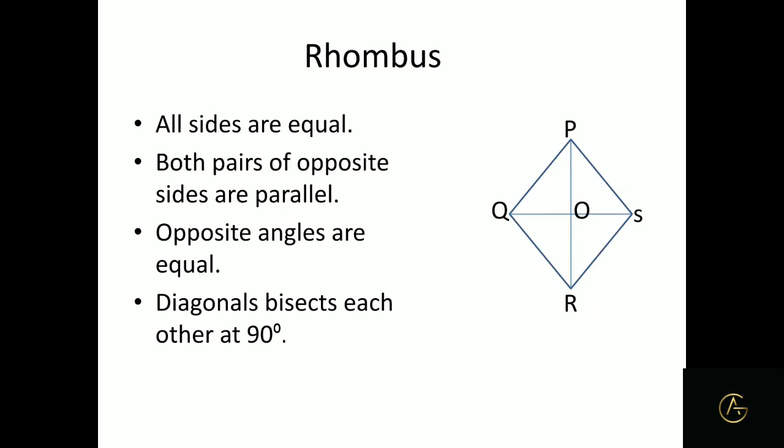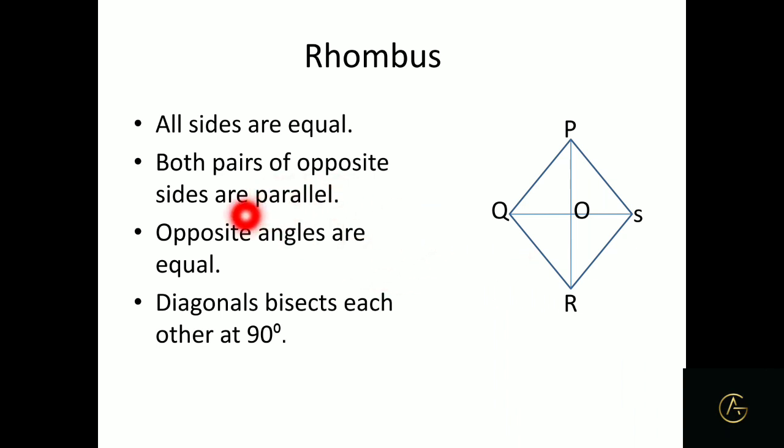Next comes the rhombus. In a rhombus, all the sides are equal, meaning PQ is equal to QR, PS is equal to SR. In a kite, we have only adjacent sides equal, but in a rhombus, all the sides are equal.